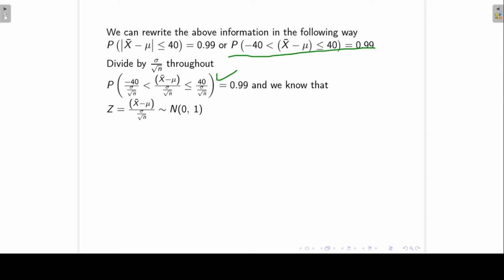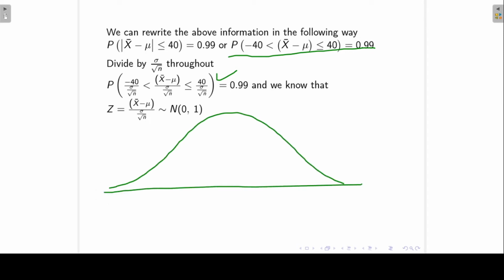What we also know is, if this is my standard normal distribution, from my Z tables, I know that the area to the left and the area to the right of negative 2.575 and positive 2.575, we know that those areas are 0.005.